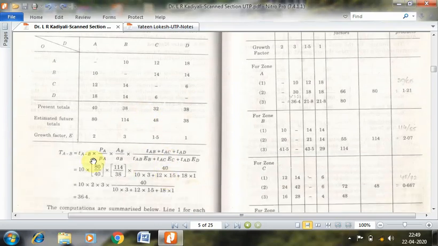you need to keep in mind this equation, the equation given by T. J. Fratar.